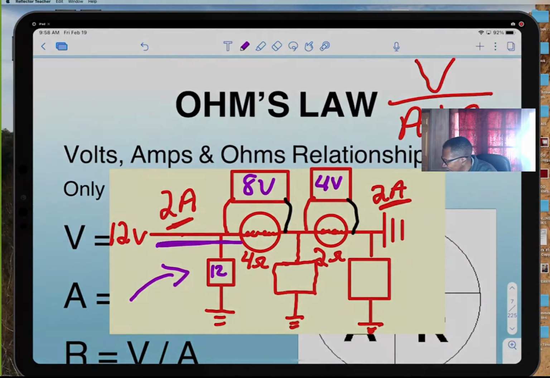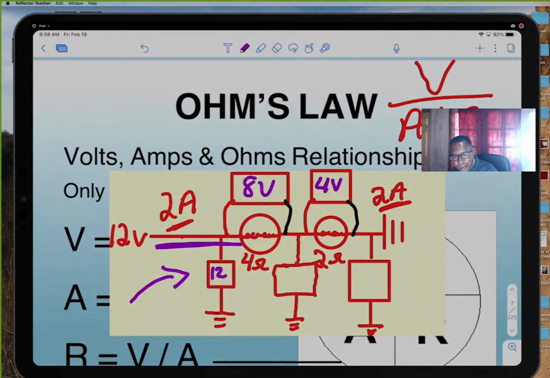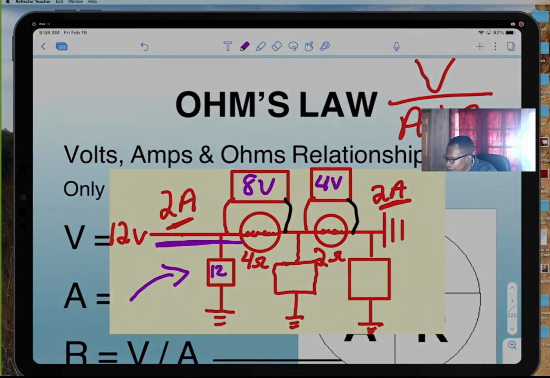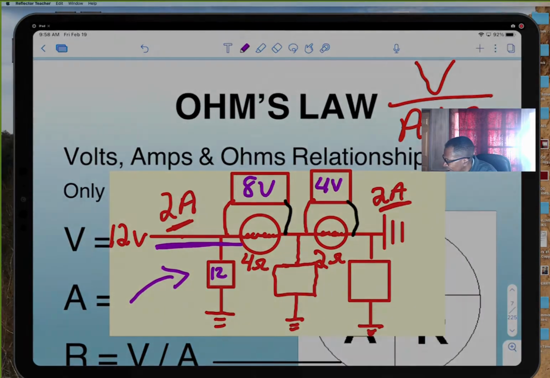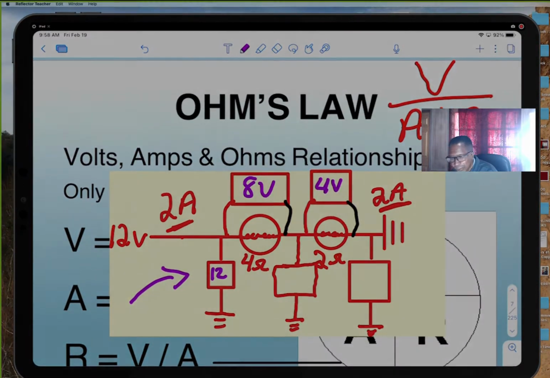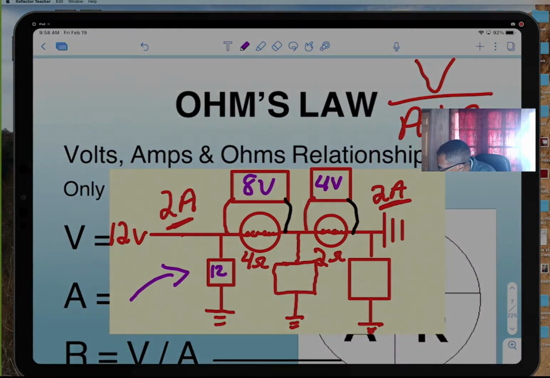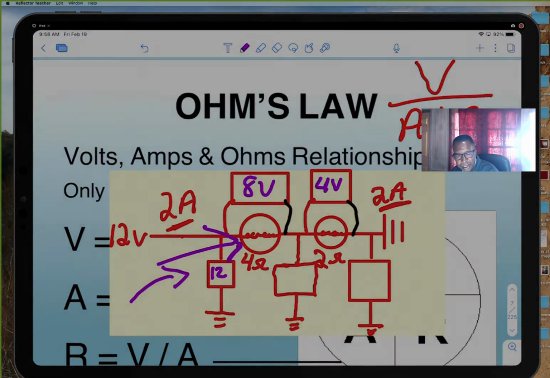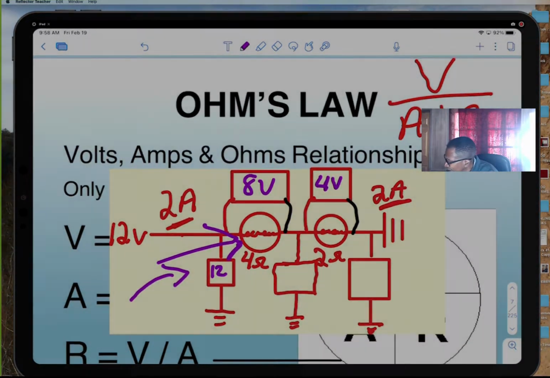Because there's nothing in the way. That's source voltage. There's no load dropping the voltage there at all. So I'm going to have source voltage all the way up to my first load.